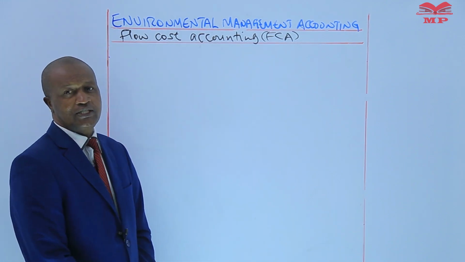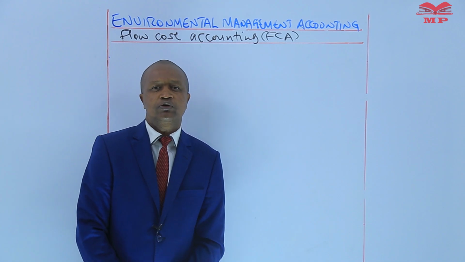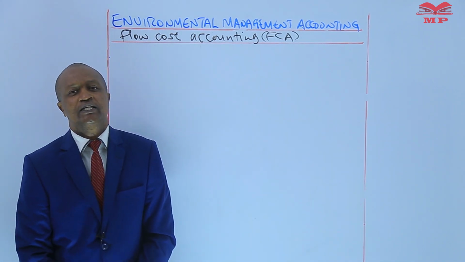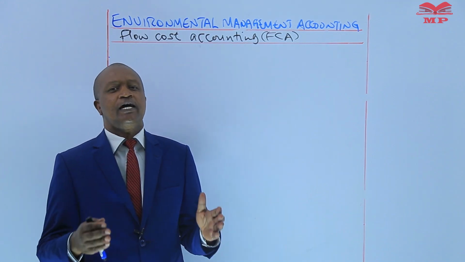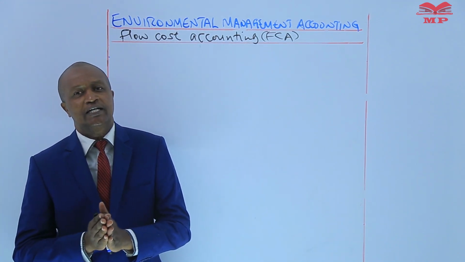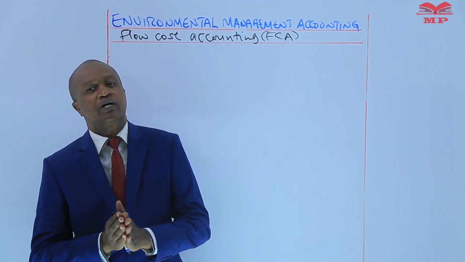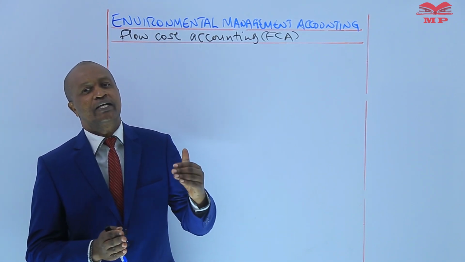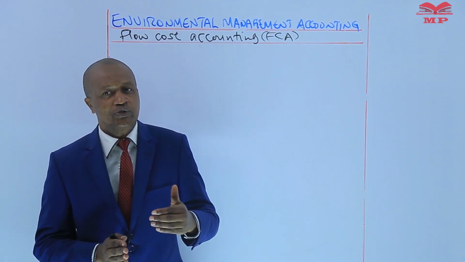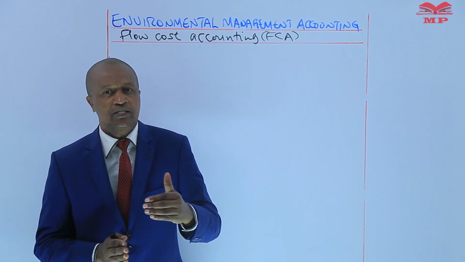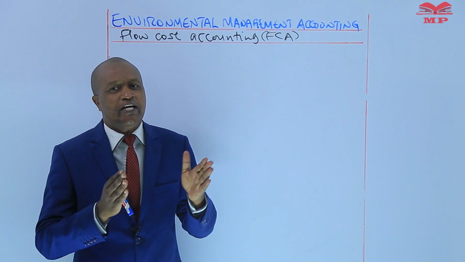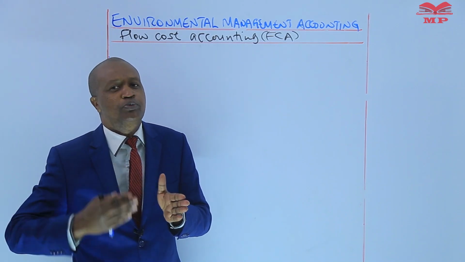Flow cost accounting is yet another valuable management accounting technique for identifying and allocating environmental costs within an organization. It differs from the inflow-outflow analysis technique by focusing on the flow of materials and resources throughout the production process rather than just tracking inputs and outputs.